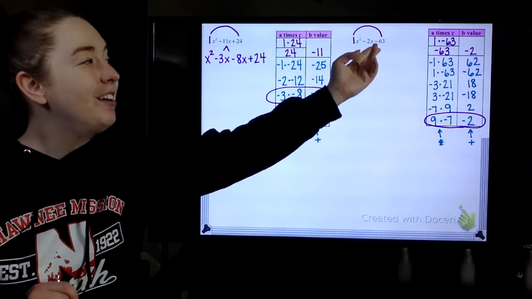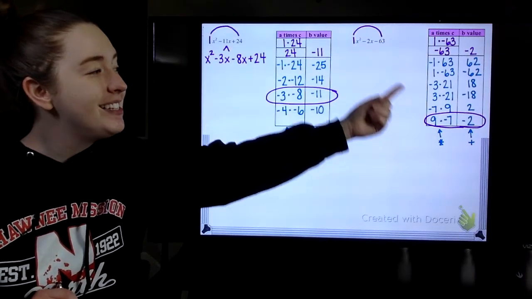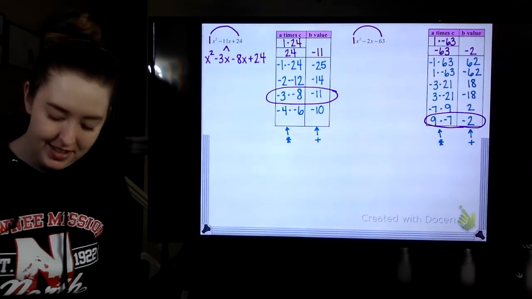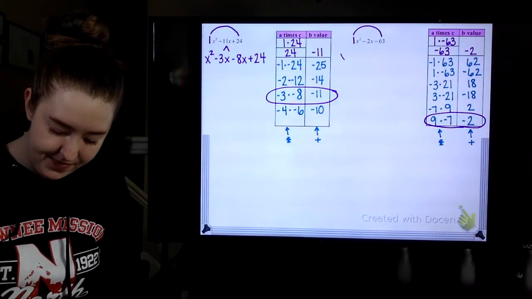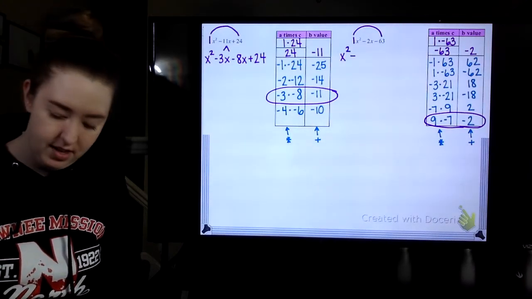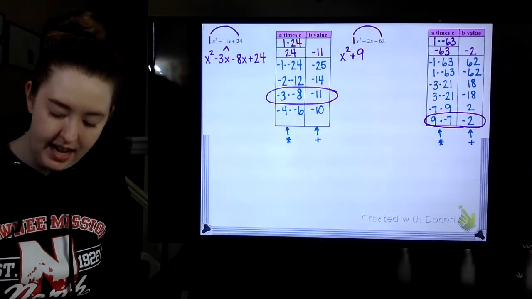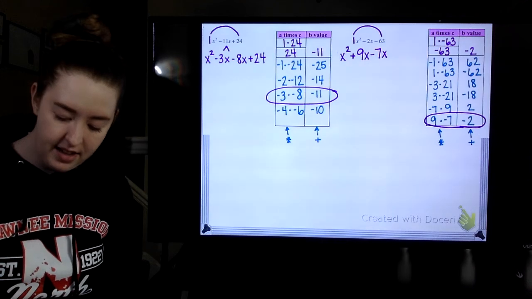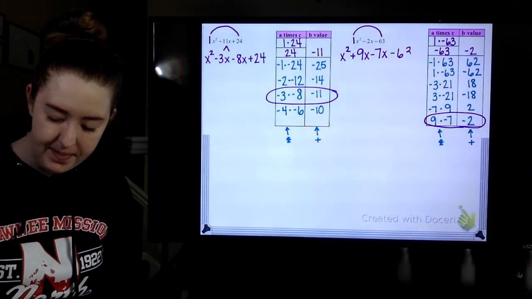So over here, I'm going to split negative 2x into 9x and negative 7x. So I'll keep my x squared, split it into 9x and negative 7x, and I still have my negative 63.